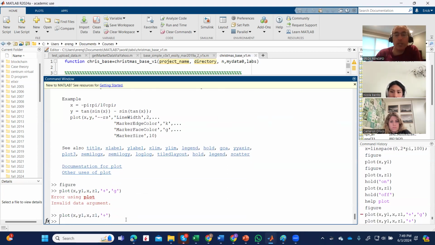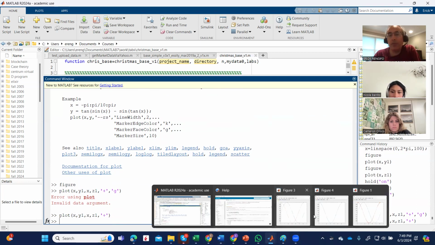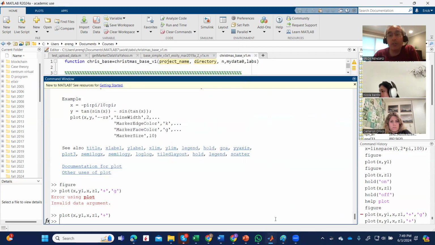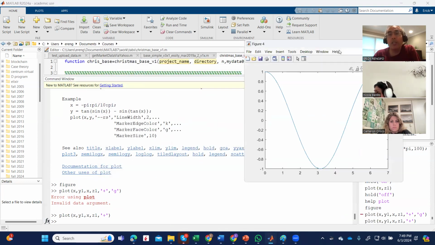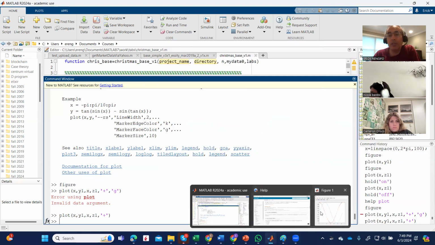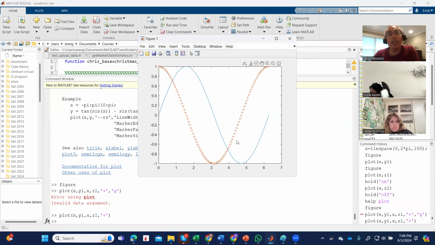Next one. Okay, so why is it not accepting the other one? Give me 1 second. And not this one. So let me close this one. I don't need this one. Yeah, here we have the crosses, but I want this to be green.